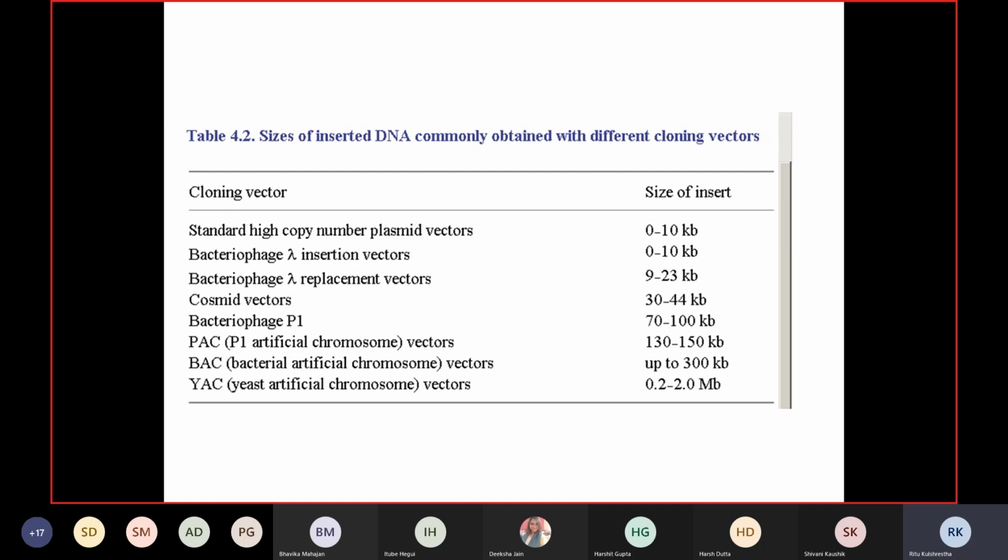This is a thing that you definitely don't want: whatever you clone and feel is a representation of the genome of a particular organism should not show any recombination once it has been cloned. There should be no chimerism. But it was found that in YAC, the clones were highly unstable, and there was a high percentage of recombination taking place. So that's why the YACs were completely disregarded at that point of time.